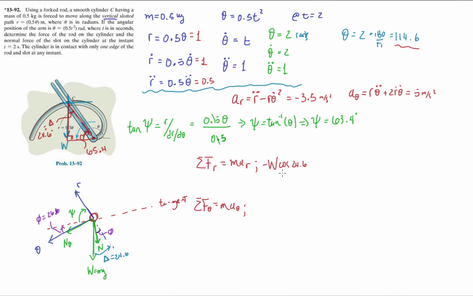So minus weight times cosine 24.6 minus the normal that I'm looking for times cosine 26.6. Okay. Am I missing other forces? No, I'm not. Yeah, so we should have just those two equals to the mass. The mass of this is 0.5. And then we're in the radial direction, so minus 3.5. Okay.